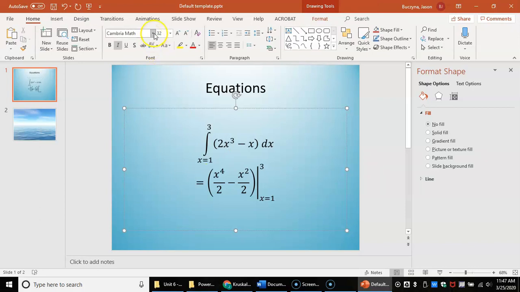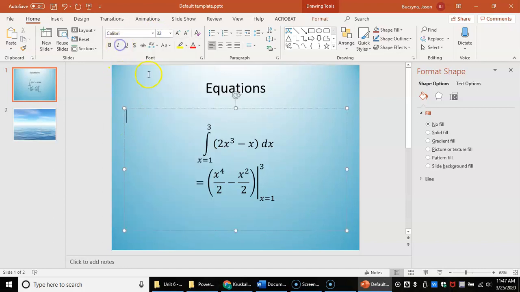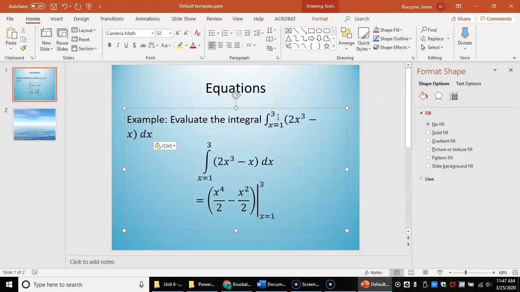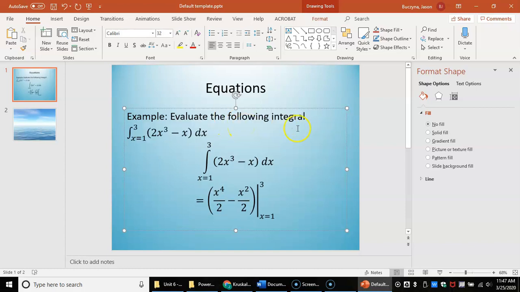It's giving me the math font, which I don't like, so I'm just going to go back to my Calibri and not italicize it. So example, colon, evaluate the integral, the one that I have here, which I'm just going to copy with Control-C and Control-V, like that. But that's not very pretty. So I'm going to do evaluate the following integral.